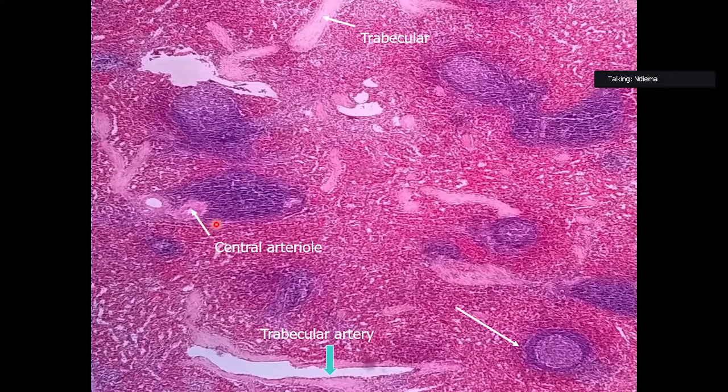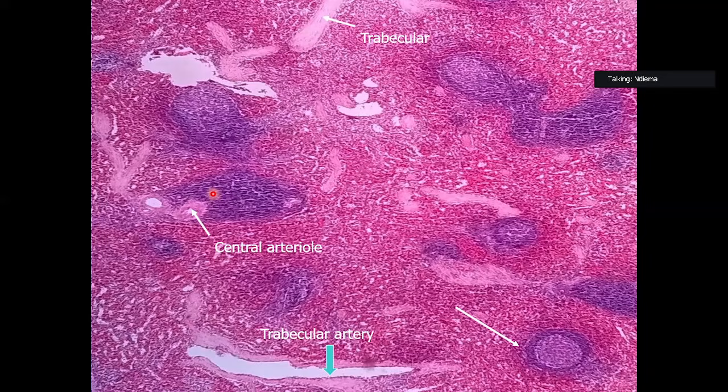The white pulp surrounding the central arteriole is referred to as the periarterial lymphoid sheath. It's acting like a sheath because it is surrounding the blood vessel. If you know the structure of the blood vessel from what you have done, the blood vessel contains tunica intima, tunica media, and tunica adventitia.